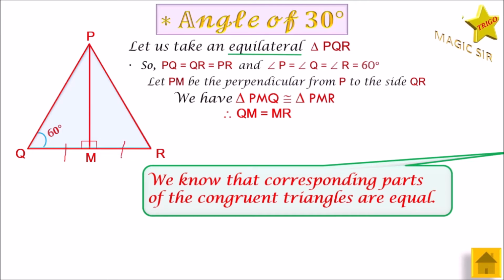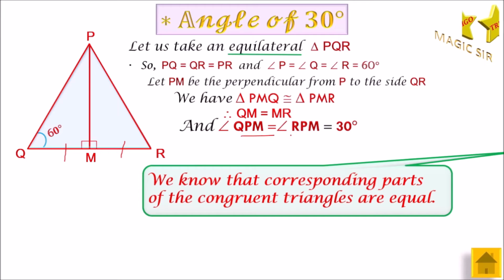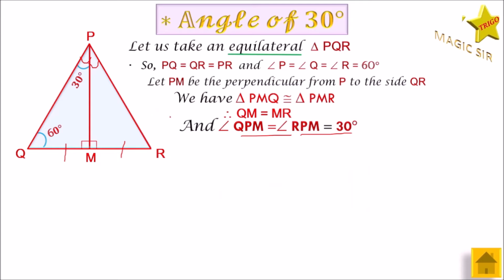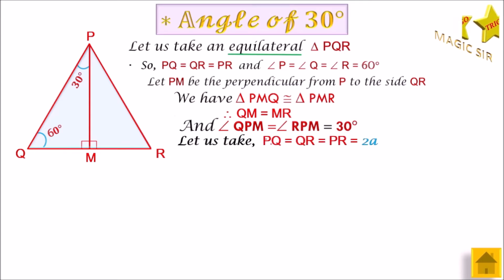So QM is equal to MR. Angle QPM is equal to angle RPM equal to 30 degree, because angle P is equal to 60 degree, and 60 upon 2 is equal to 30 degree.